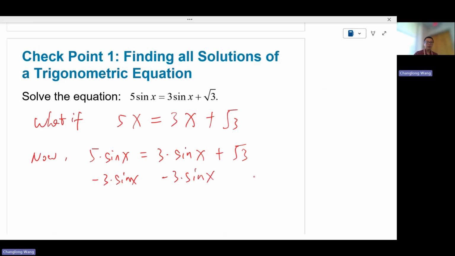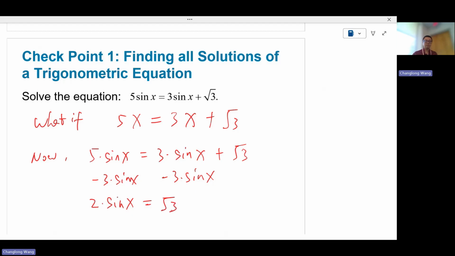Now on the right-hand side, those two terms are gone. Can I simplify by combining these two terms? It's 5 times sine x minus 3 times sine x. You should get 2 times sine x, right?